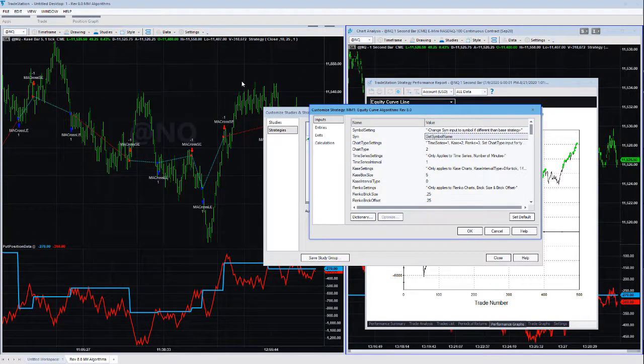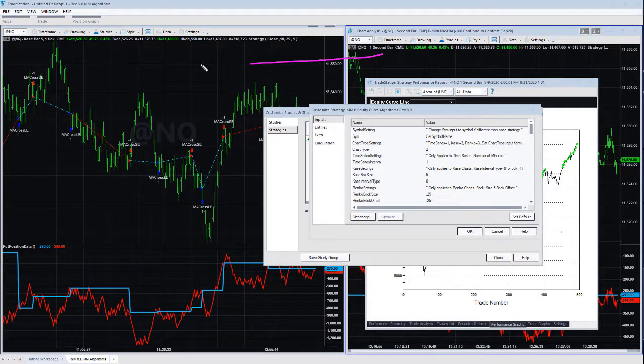So it could be the same as the one you're trading, in this case. Get symbol name covers it, but if it's not, you change it to the chart on the left hand side. So for example, this is the symbol we're looking at. We're looking at NQ, Kase, 5 on 1 tick. So let's take a look now at the other inputs.